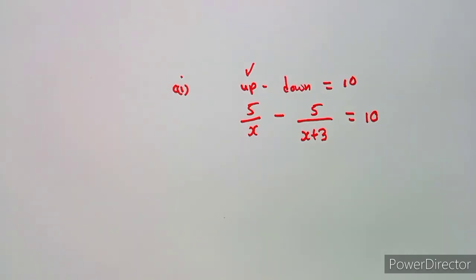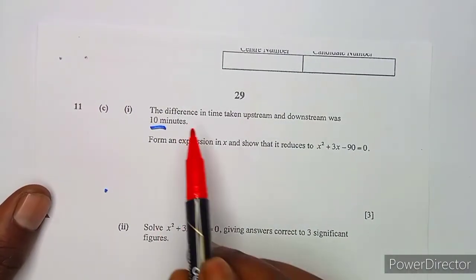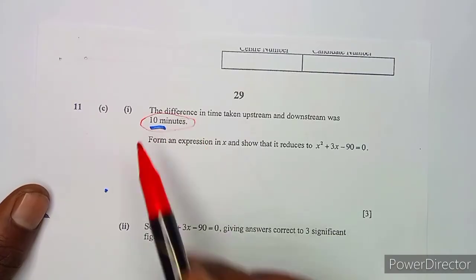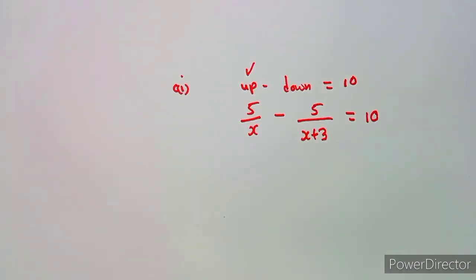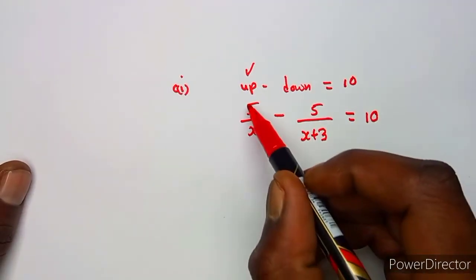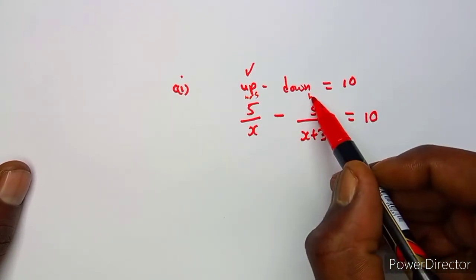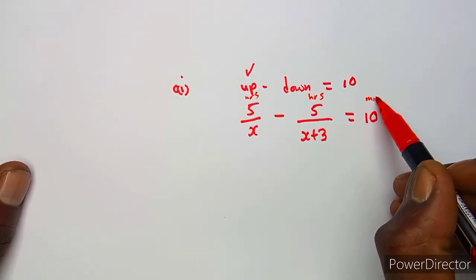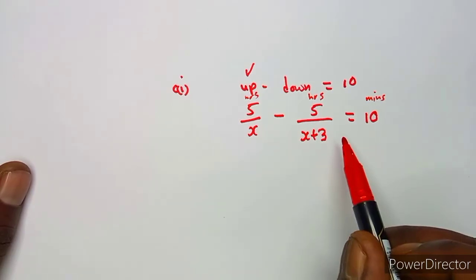So let's just try, by all means. Also, this time is in hours and this time is in minutes. Let's convert this, because these units are not the same.